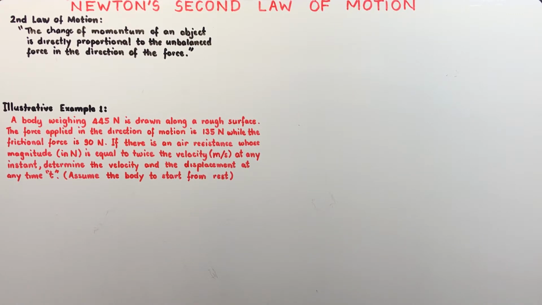The second law of motion by Newton states that the change of momentum of an object is directly proportional to the unbalanced force, in the direction of the force. We notice that this second law is just a continuation of the first law, because in the first law, the state of the object will remain the same unless acted upon by an unbalanced external net force.